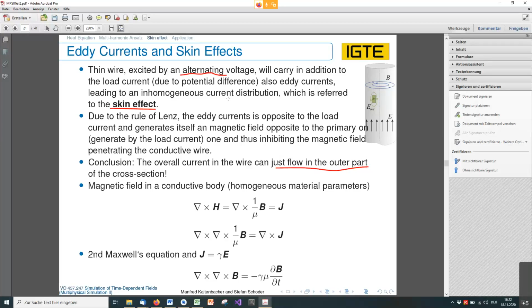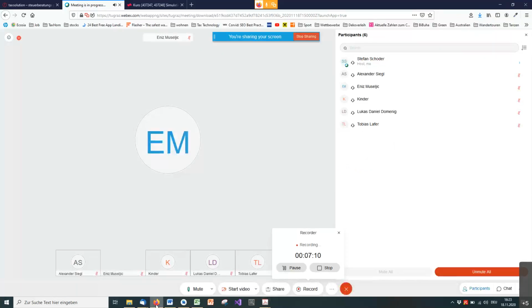That's basically what arises when we have alternating currents in a conducting material. Okay, excellent.